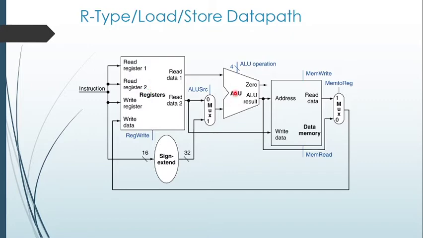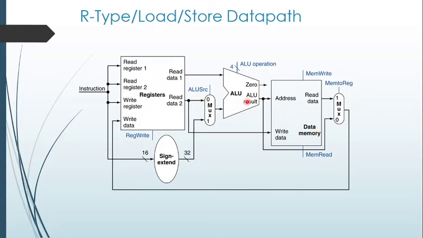So what happened in the R type instruction? RS is read and passed to the ALU first input. RT, the second register, is passed to the ALU as the second input, and then whatever operation is set in that R type instruction is executed in the ALU. The output of the ALU is going to be saved back to the registers in RD, the destination.